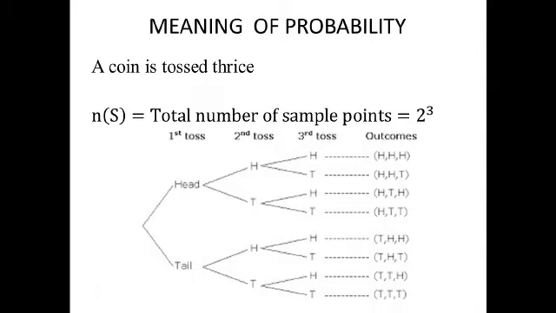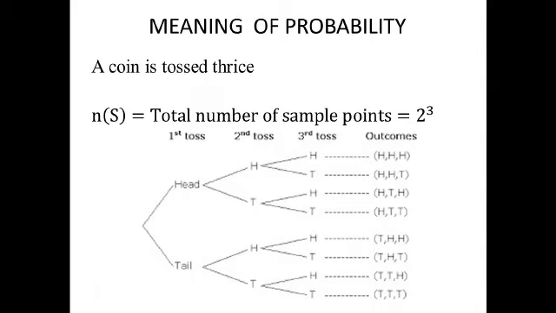From the second branch, we get HTH and HTT. Likewise, from the third branch, TTH and TTT. And from the last branch we get THH and THT.